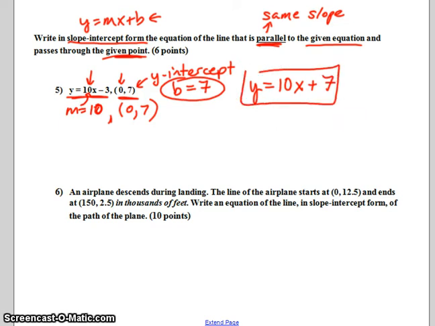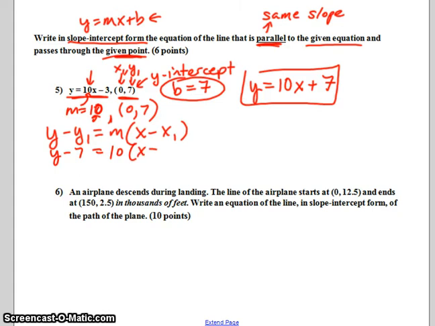Alright, if you didn't, you could have used point slope form, and I saw a couple people use it on the test. That's fine. You have your point, x1 and y1 right here, okay, and you have the slope. So y minus 7 equals 10 times x minus 0.